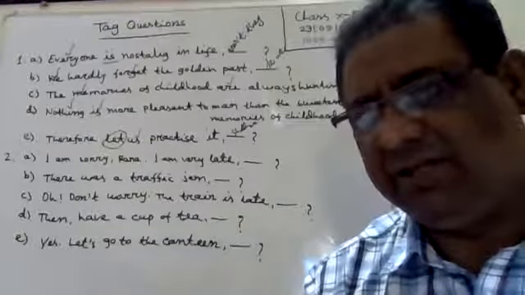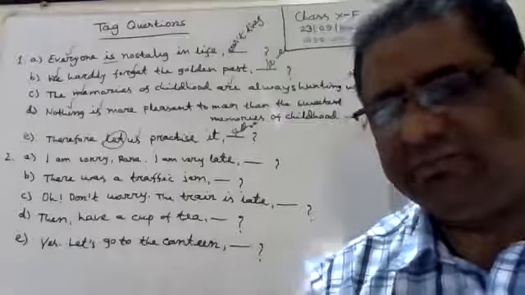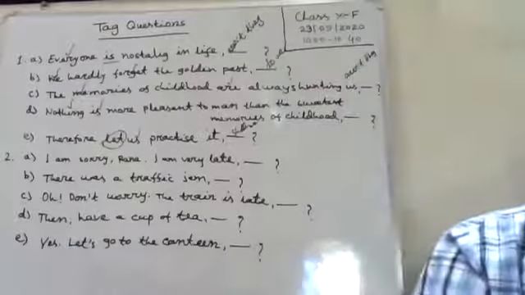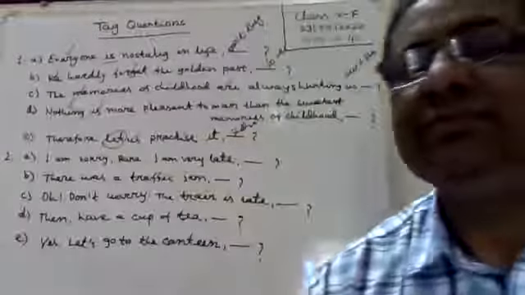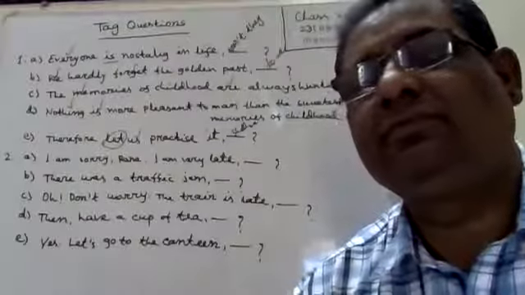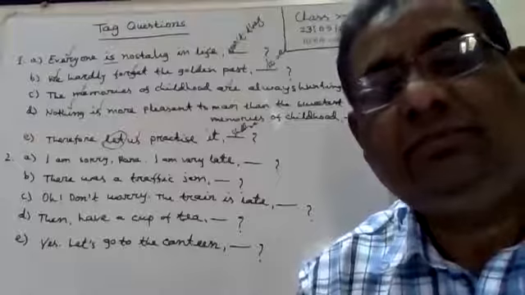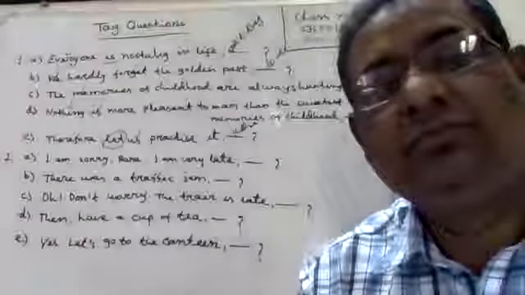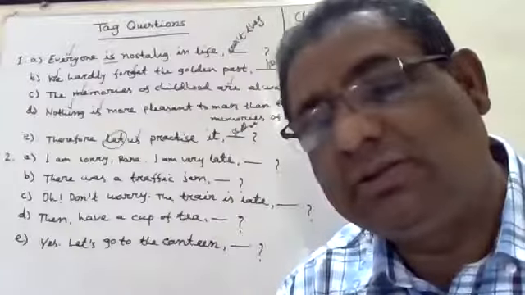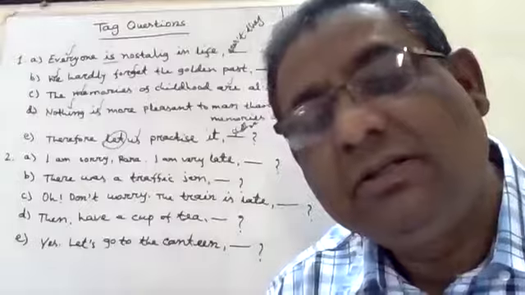If there is any confusion, I will try to make you clear. Boys. No confusion, sir. Everything is clear. Yes. Someone is having confusion? No, sir, everything is clear. Okay.